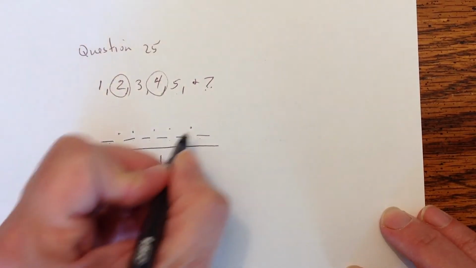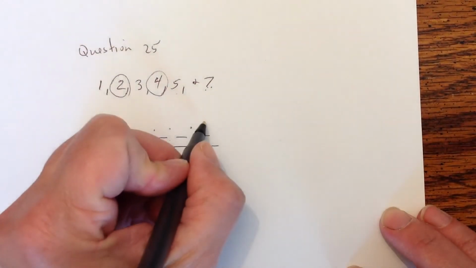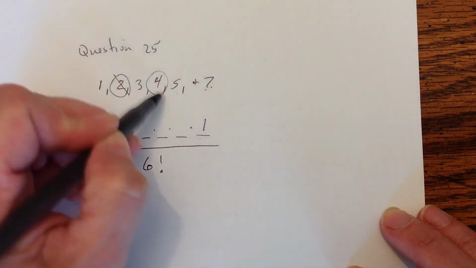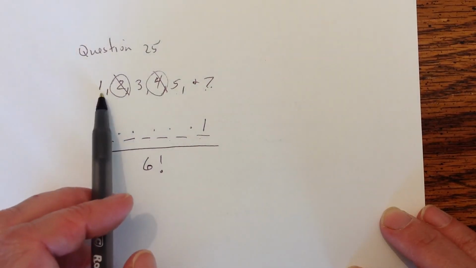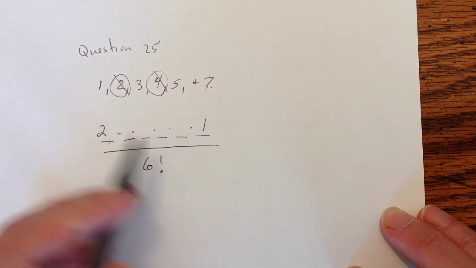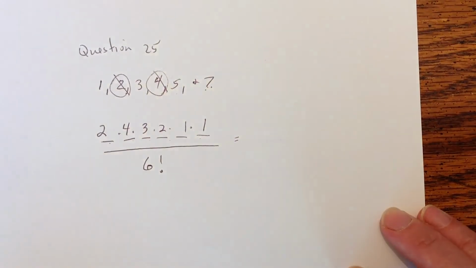We have 2. So there could be 2 different numbers for the first, and then there's only 1 even number for the end. And then these can't be used anywhere else because we're arranging our numbers. So now how many do we have left? We have 4 numbers that arrange themselves here. So 4, 3, 2, 1.